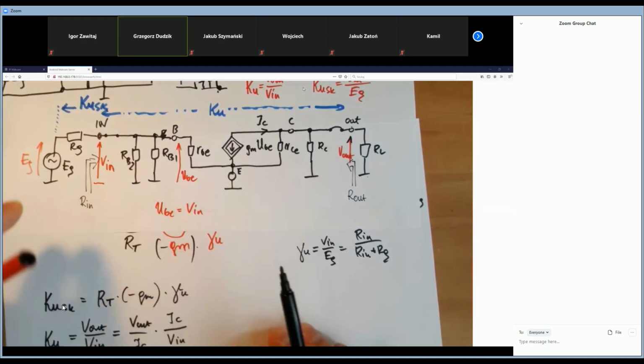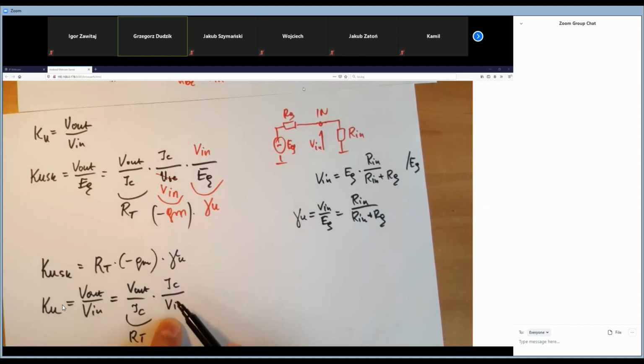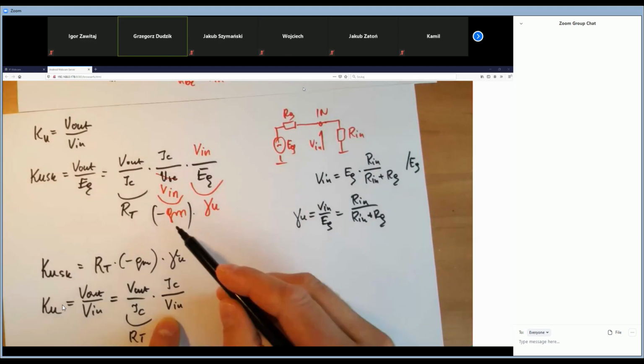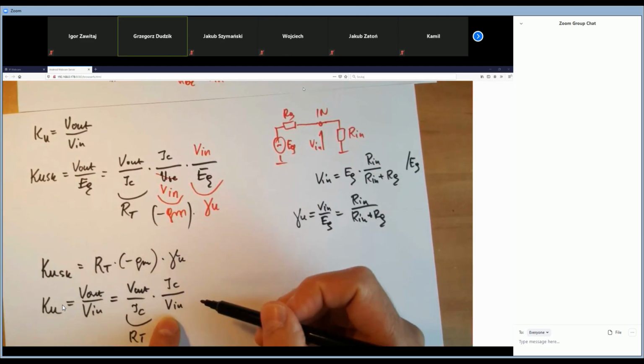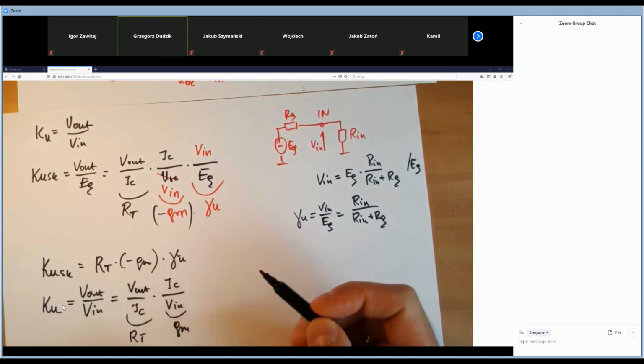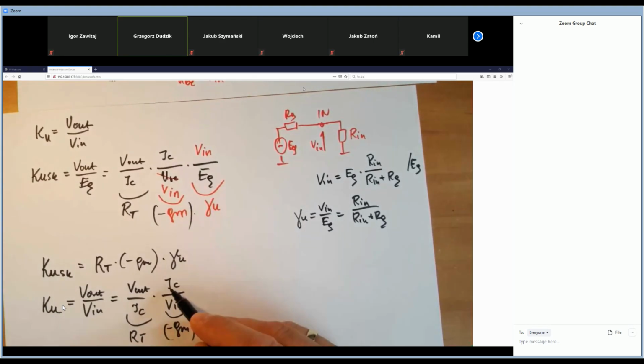So what is the IC over UBE? Look, from the definition, IC over UBE is GM. That's right. Of course, we have to put the minus here because the current is in the opposite way.